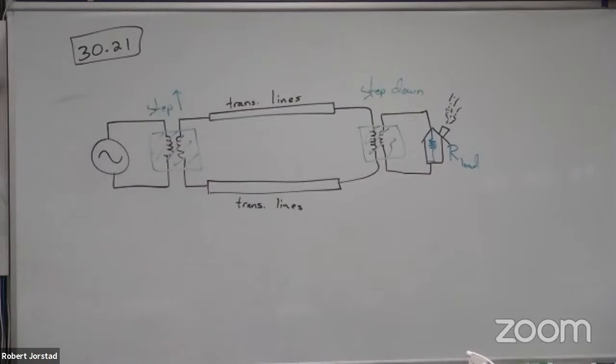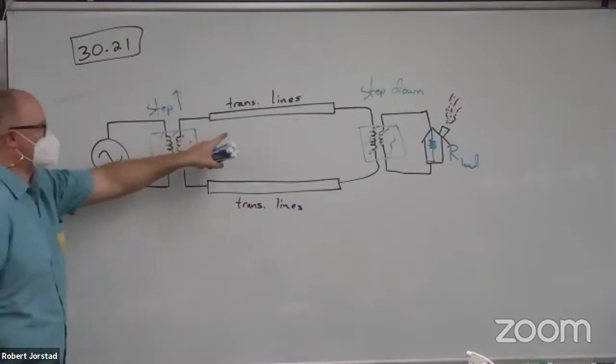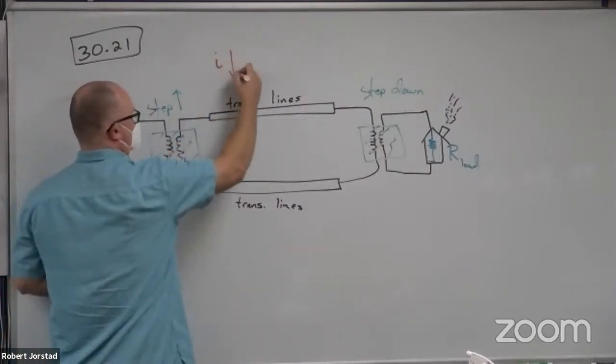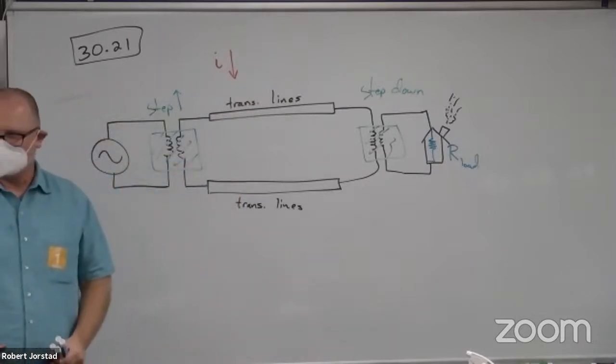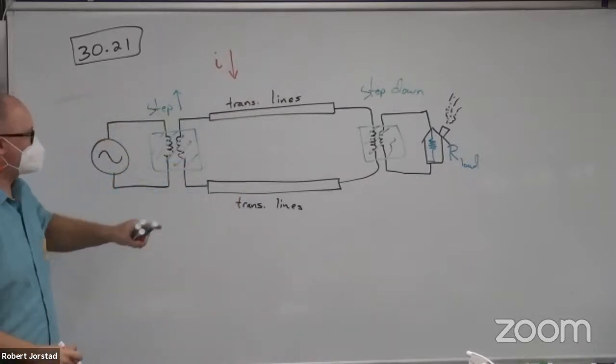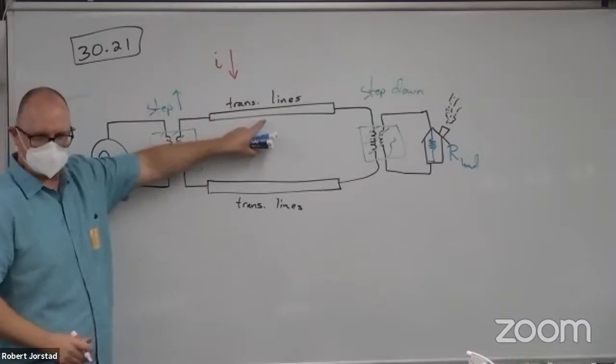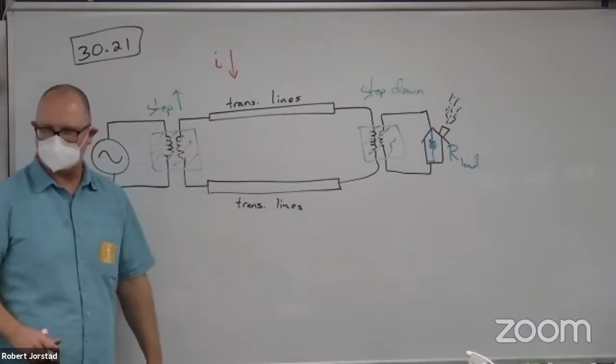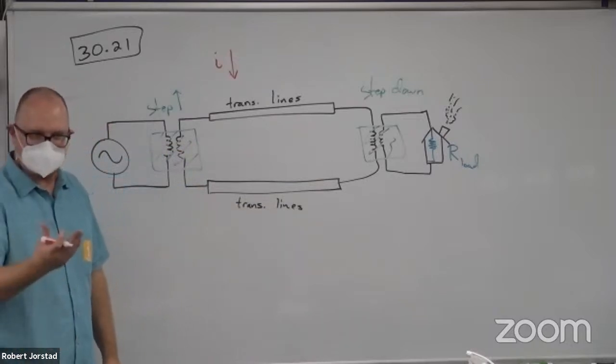Okay, Nick, tell me why this is a good idea to save the power company money. What happens when you step up the voltage to the current? Current goes down. How do we account for waste? What is wasting energy as this transfers down the line? Heat.